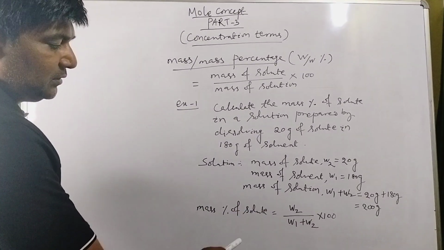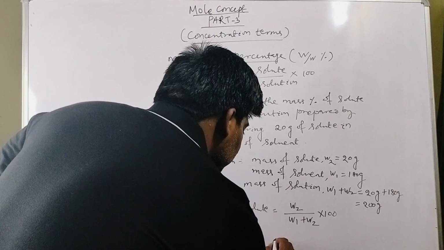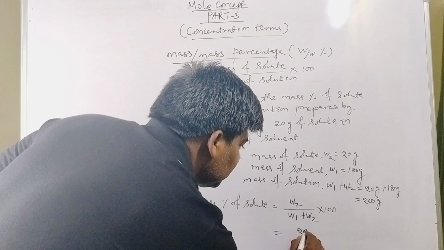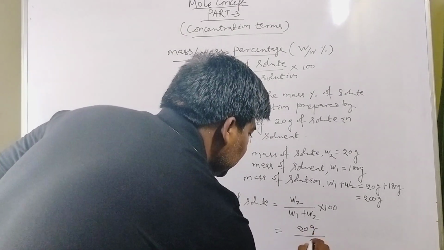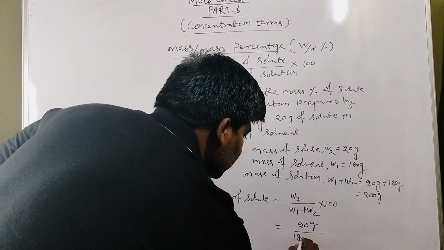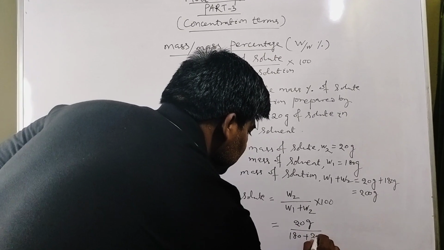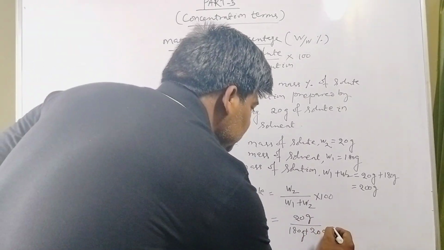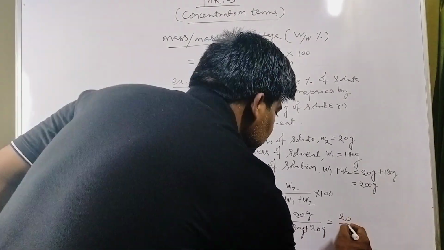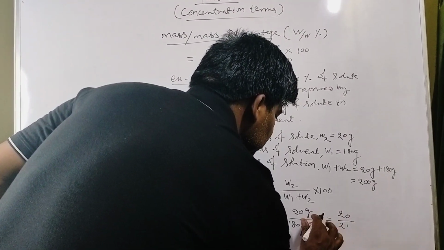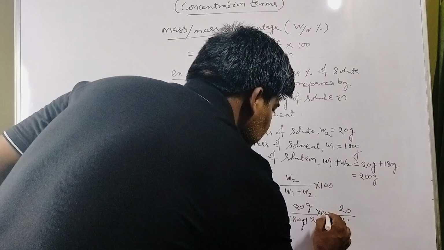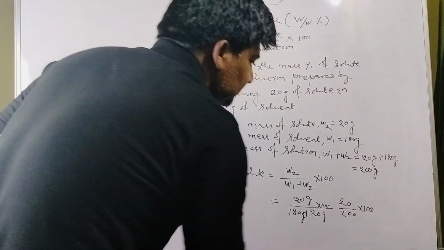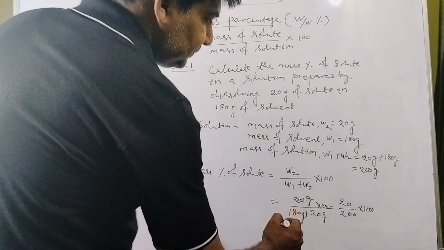So it is 20 gram divided by 180 plus 20 gram, that is 20 by 200 into 100.